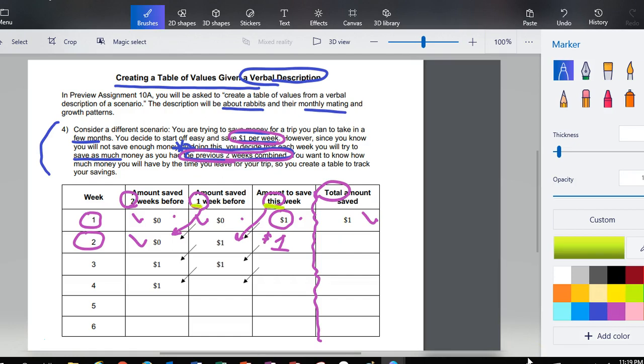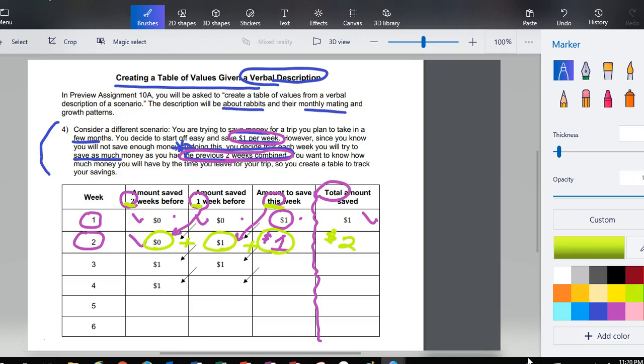These are from the week before, from 2 weeks before. We don't have any from 2 weeks before. We have some from 1 week before, and we have the contribution for this week. So adding these up, I'm going to get a total of, so far for this week, the total amount saved, $2.